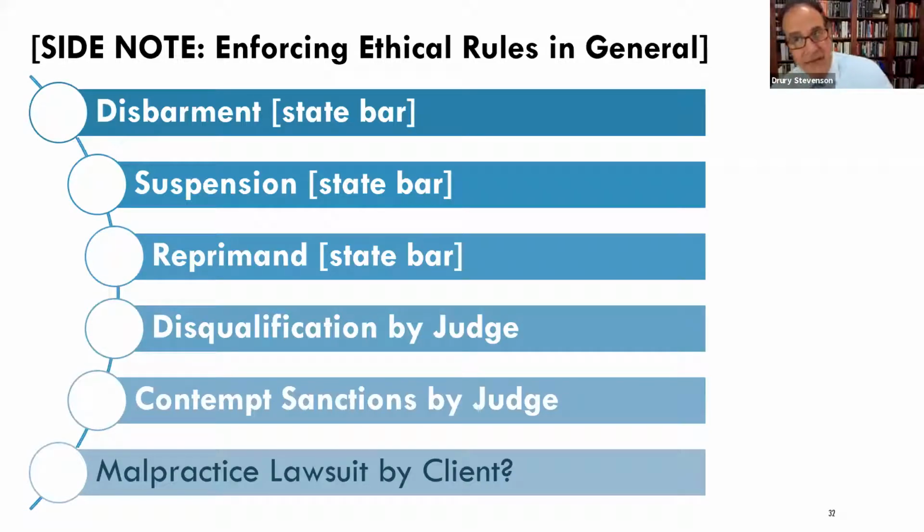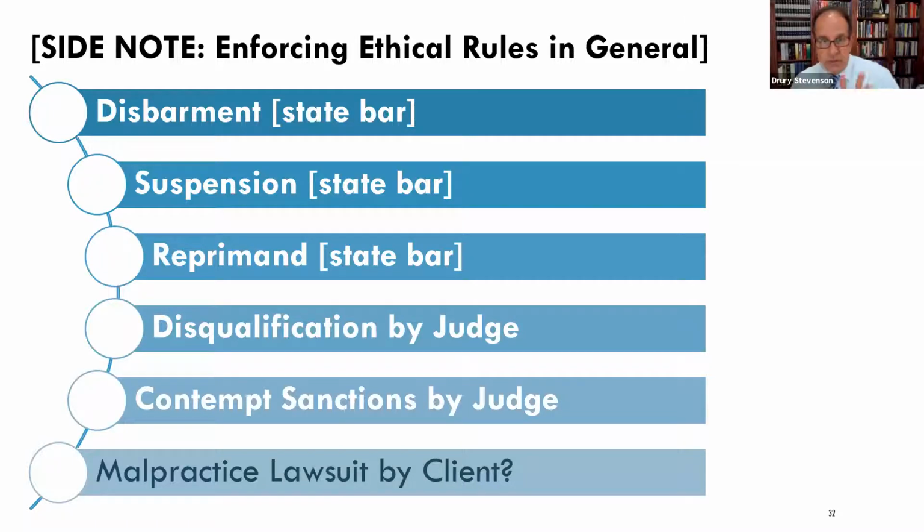So let's think about it this way when we look at the model rules and the lawyer ethical rules, because the rules are not all enforced the same way. On the MPRE, almost all of your questions are going to ask, was it proper for the lawyer to do this? Could the lawyer be subject to discipline?